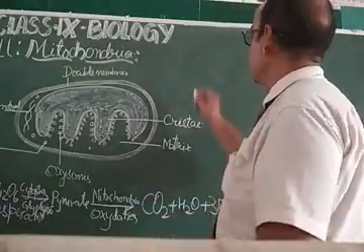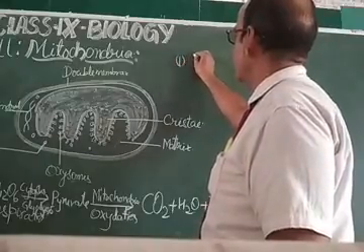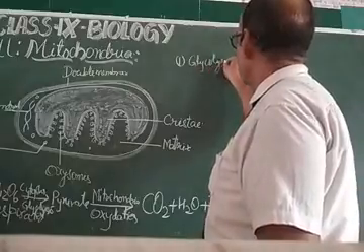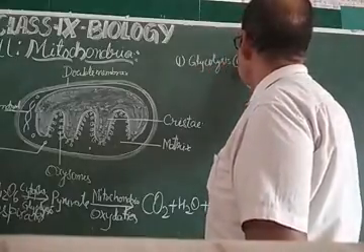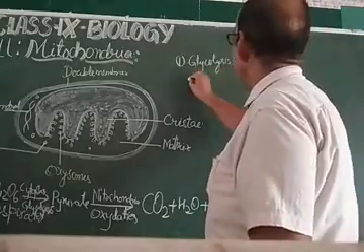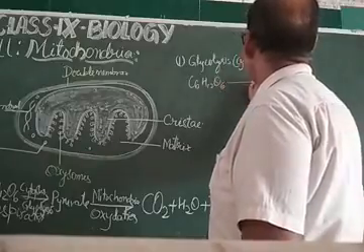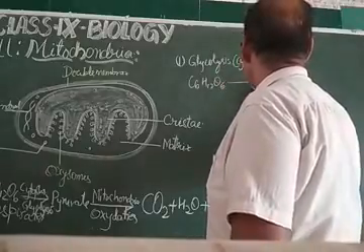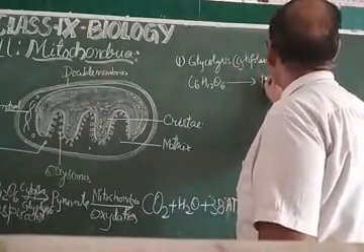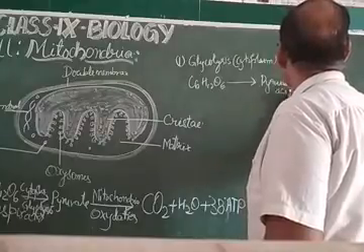Number one part of respiration is glycolysis. Glycolysis takes place in the cytoplasm, and first of all C6H12O6 gets converted into pyruvic acid.